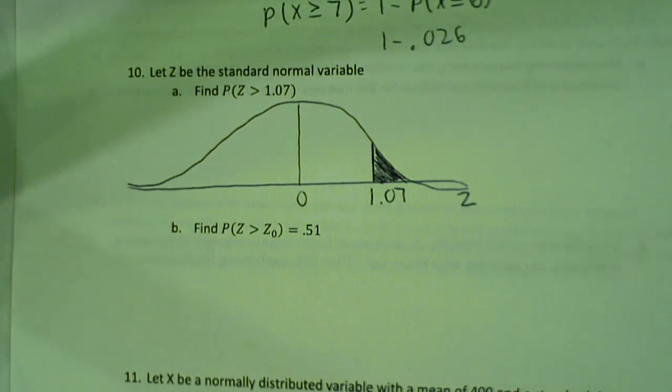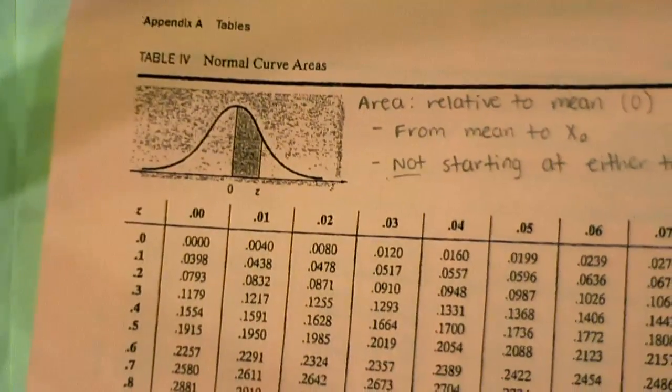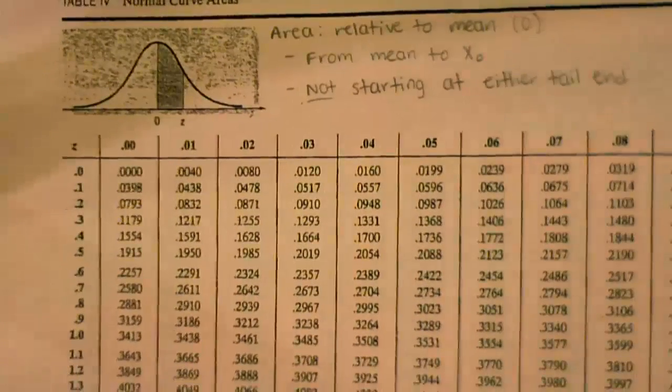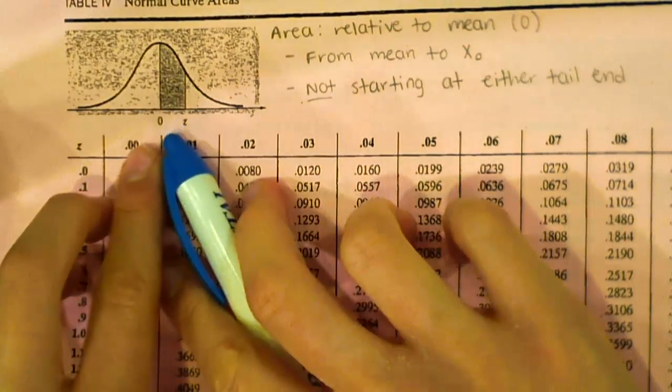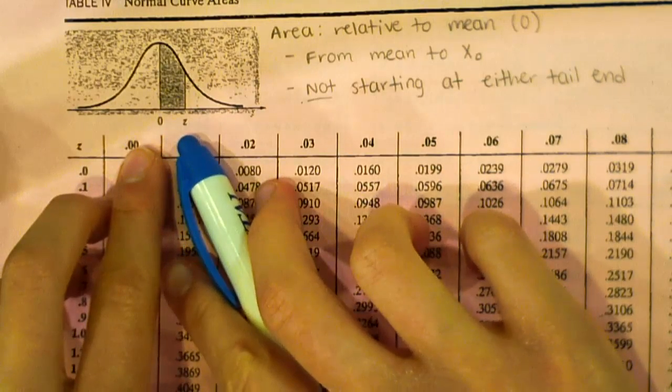So depending on what professor you have, you could either have the negative and positive z-score values, or you might have these, where you're going from this 0 to whatever z-score that you have.